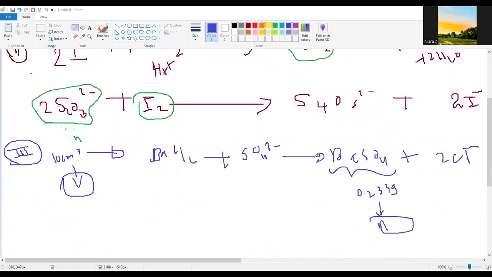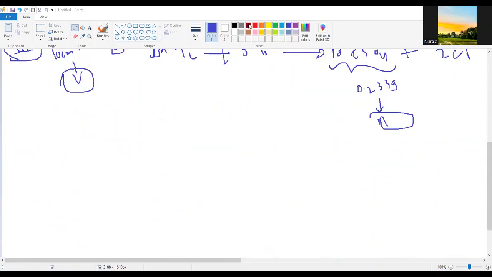So now we can start finding the concentrations. Now we'll start with procedure 1. In procedure 1, they have given the KMnO4. You can see that its concentration is 0.02 and the volume is 25.